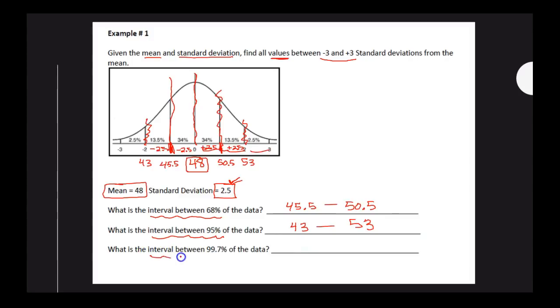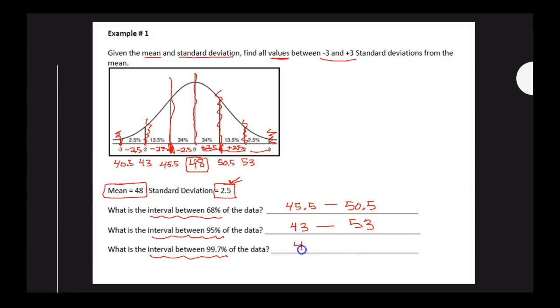And then the interval for 99.7% of the data goes all the way to that third standard deviation away from the mean. The mean's 48, standard deviation is 2.5. So if we subtract another 2.5 on this side, 43 minus 2.5, again, please do it yourself so you're sure, you're going to get 40.5.